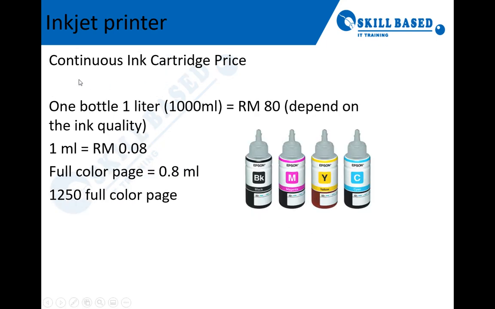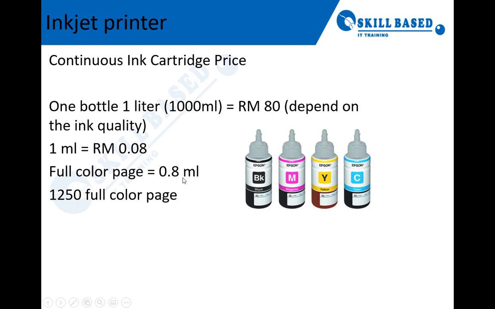Okay, so imagine if you are using the continuous ink cartridge price, meaning you can refill. One bottle, let's say 1 liter, roughly, depends on the quality, is 80 ringgit. 1 liter is 1000 ml, so 1 ml usually will cost you 0.08 ringgit.